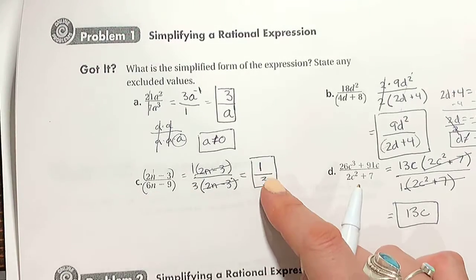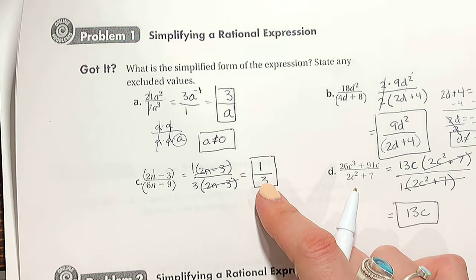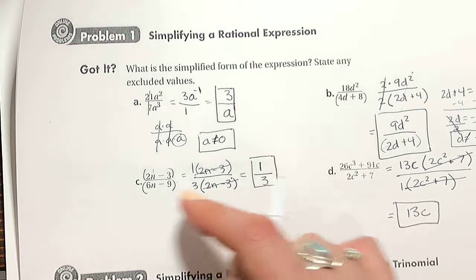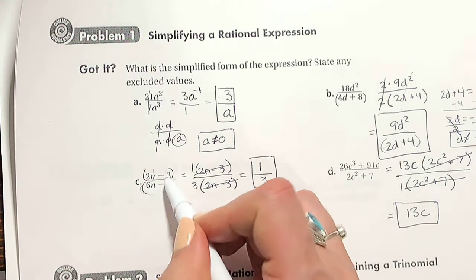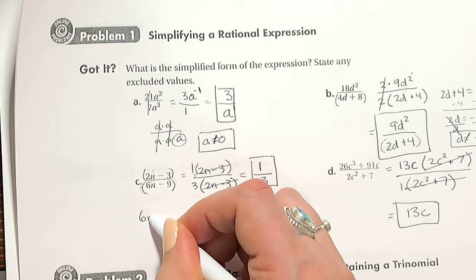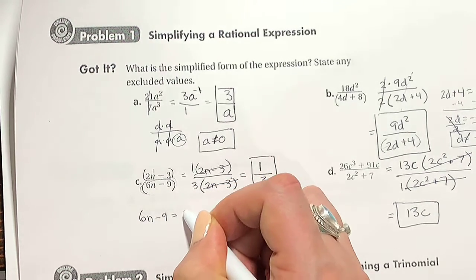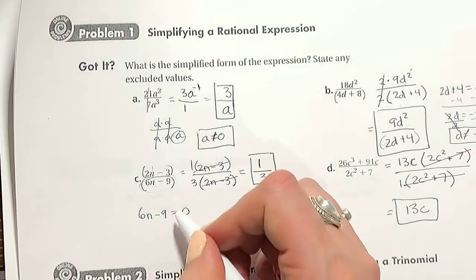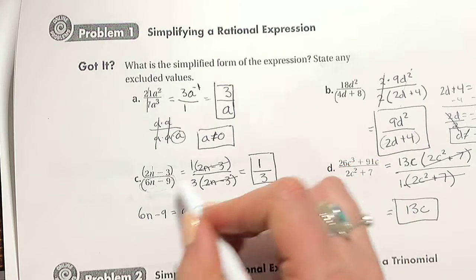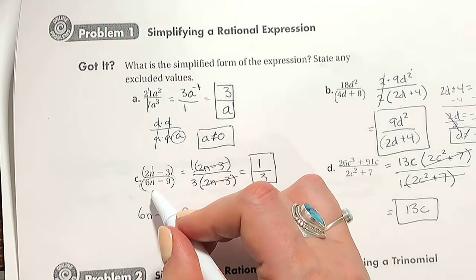And then same with C. We're just going to go off of the original denominator, the 6n minus 9, because if you notice on this one, the n's canceled out in our answer, but we still had them to start with, so we still need to check and see when we would have a problem with n being 0. So set the original 6n minus 9 equal to 0, and then start solving from there.